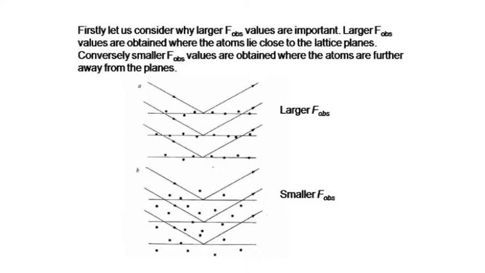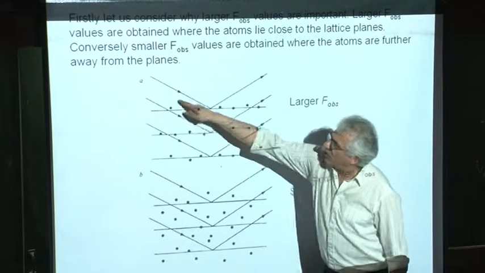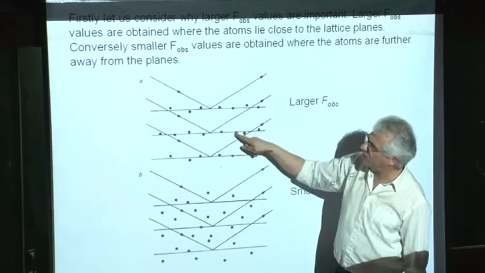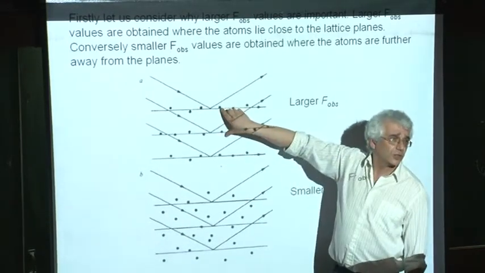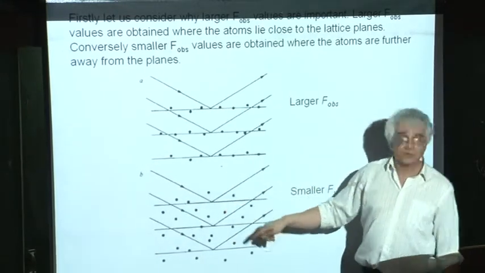So, why are larger FOBs more important? We get larger FOBs when lots of atoms lie close to the plane. Remember that we have an infinite number of lattice planes in our crystal structure. If we have atoms which are close to the plane, like in this example, you have a larger scattering than in this case where the atoms are further away.